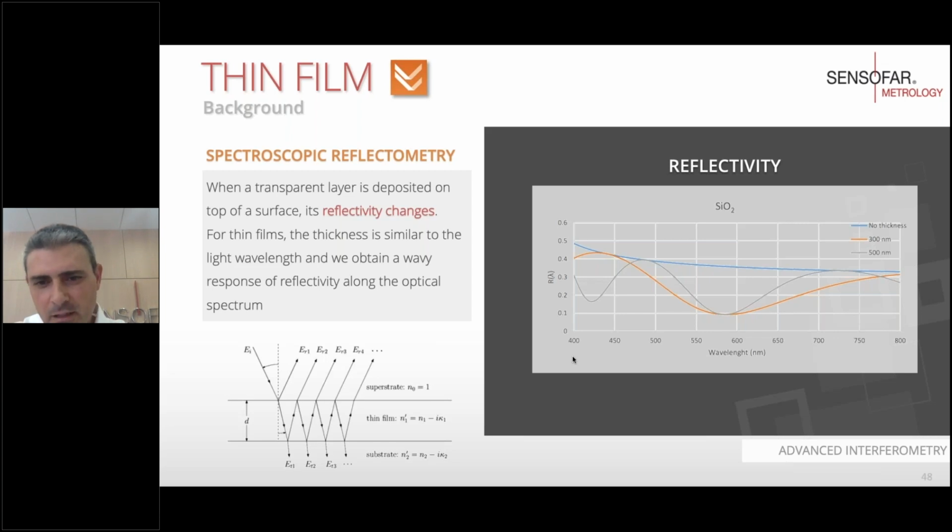So in the past, if you wanted to measure the thickness of this transparent material and you didn't have computers, people were using exactly the wavelength that was creating the minimum and the maximum. If you look at this picture, we see that there is a minimum at 575 nanometers, and we can tell that this belongs to lambda over 4.